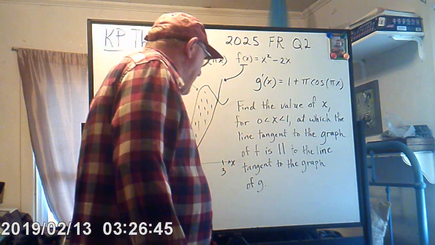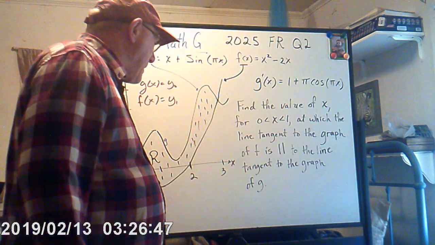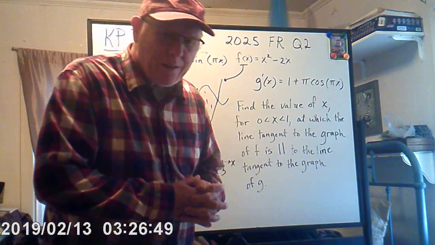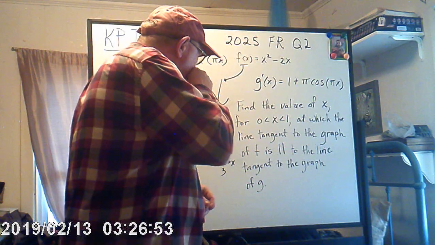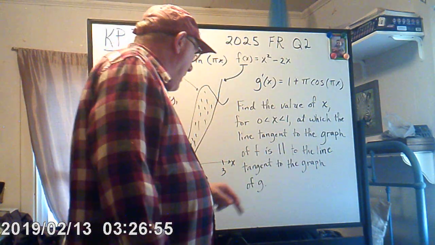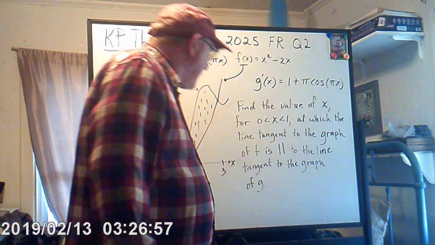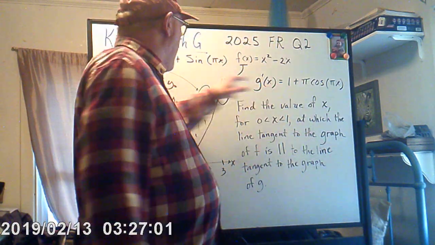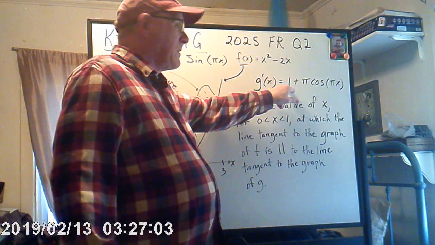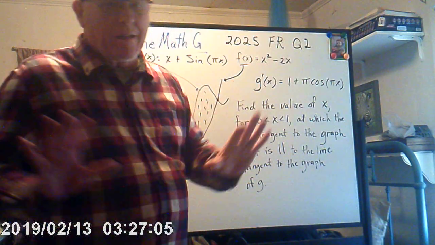When I see key phrases, I want you to notice them. The line tangent, I need a derivative. We already have this derivative, so we don't need to find it again, and we don't need a second derivative.